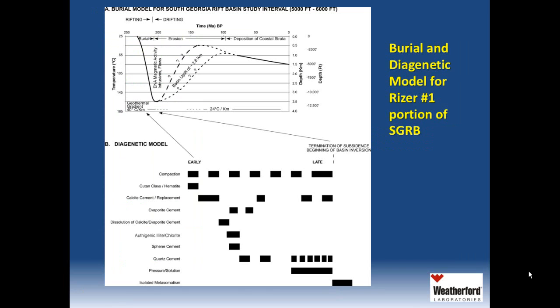So going from 250 million years ago to 200, and we're just using this date of 200 based on the models of Withjack. So deposition, then down to probably about 12,000 feet, and then at about 200 million years ago, we project that the basin was inverted.